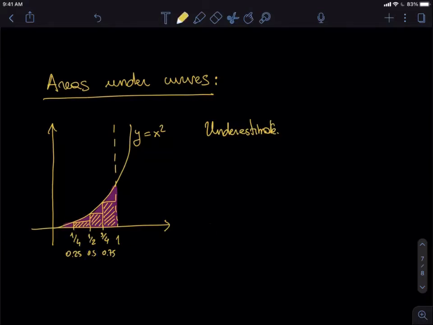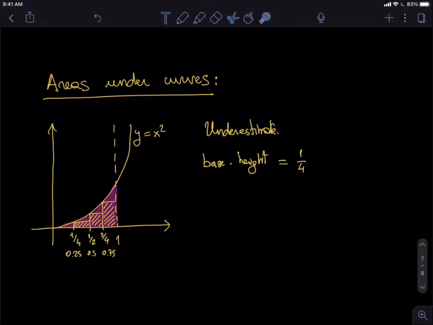So what we are going to do here is just use the formula for the area of a rectangle, which is base times height, right? That's the reason why I chose rectangles. And here, the length of the base is always 1/4, okay? Because that's how I built the rectangle.